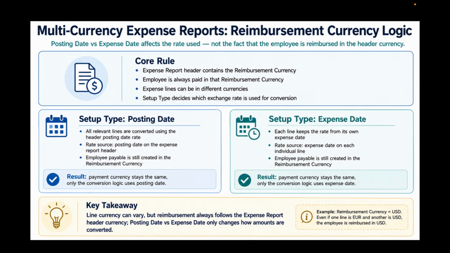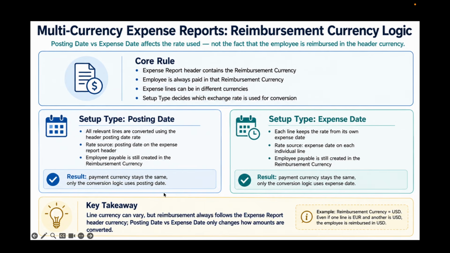So I basically lose 20,000 INR in that transaction. But if it's on expense date, no matter what, if I pay 1 lakh in Danish currency at the beginning of the month, at the end of the month I will get 1 lakh INR. But if it's on posting date, no matter what exchange rate I paid at that time, the day I'm filing my expense is my posting date, and that is the day which will be considered for the exchange rate of the amount.